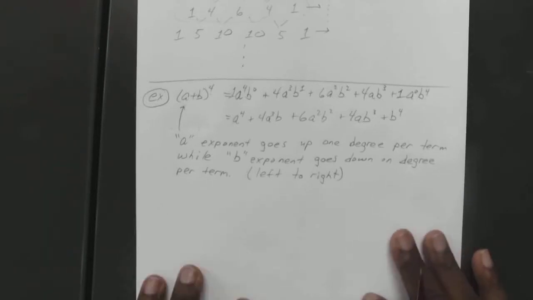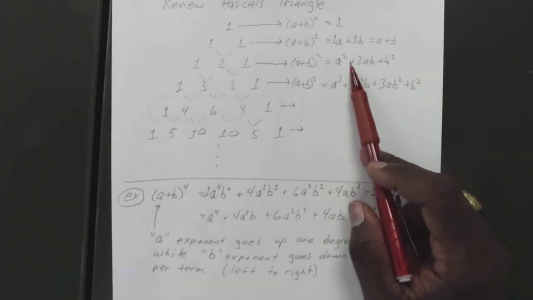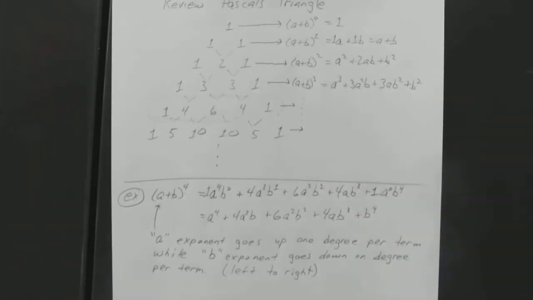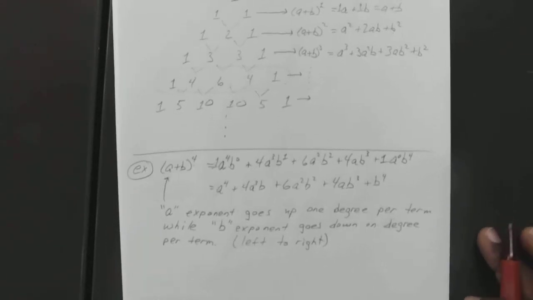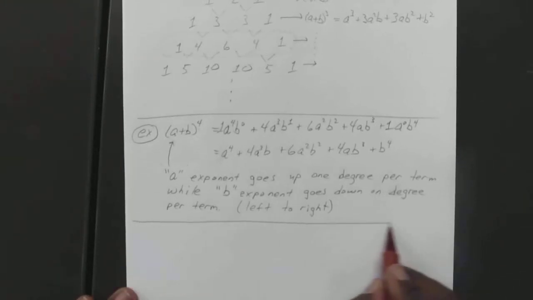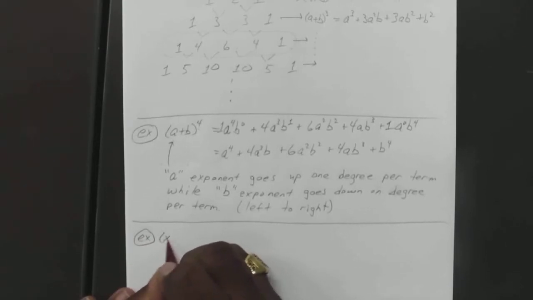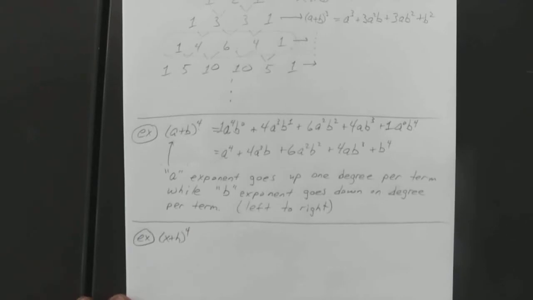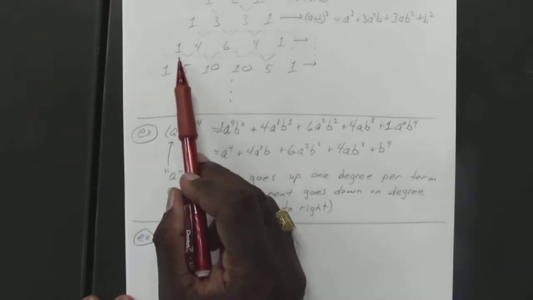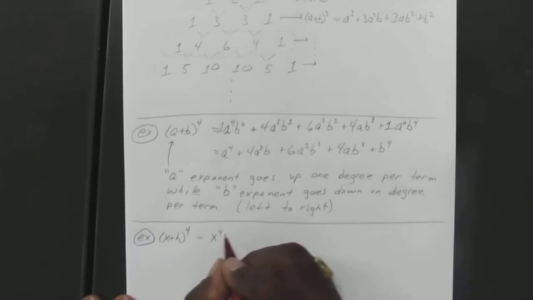That's why the first term's always just a to the 3rd, a squared, because you're really multiplying it by b to the 0 power, which is just 1. So if we used our x plus h to the 4th power, using what we have there, we know we're going to have x to the 4th.